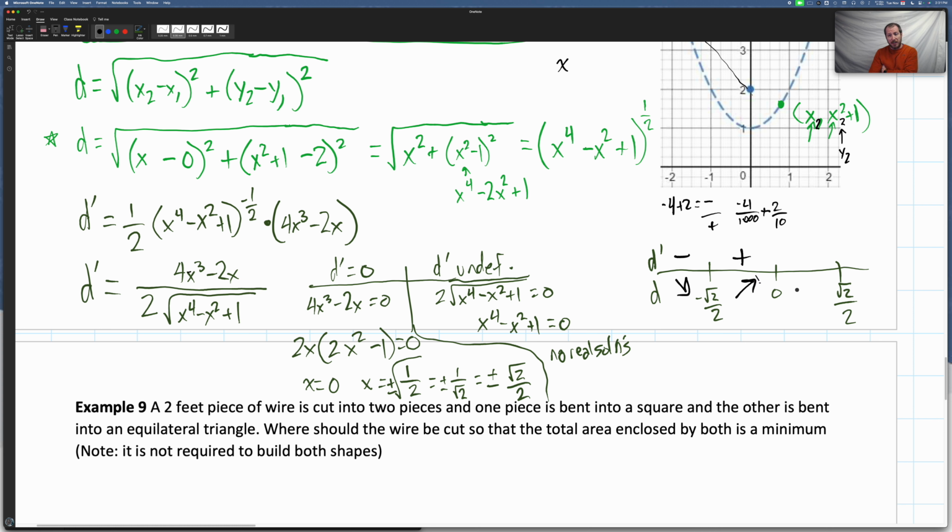To the right of 0, if we were to plug in a positive, then this one would be positive and this one would be negative. So that's going to be a negative, because that 2/10 is bigger than 4 thousandths by a long shot. And if we plug in a point to the right of root 2 over 2, for time's sake, it's going to be positive.